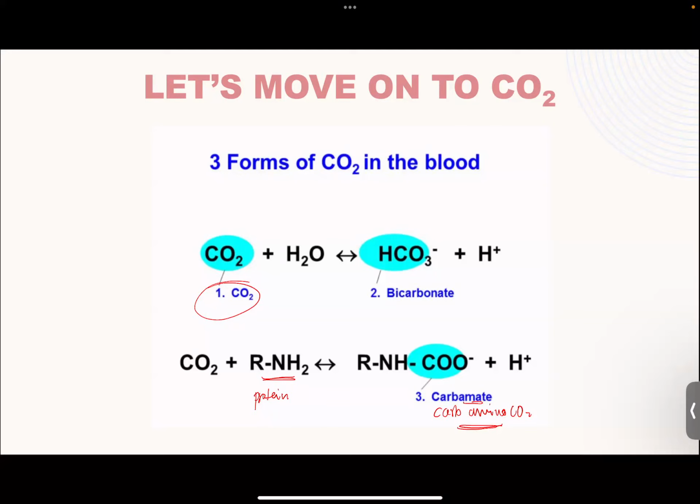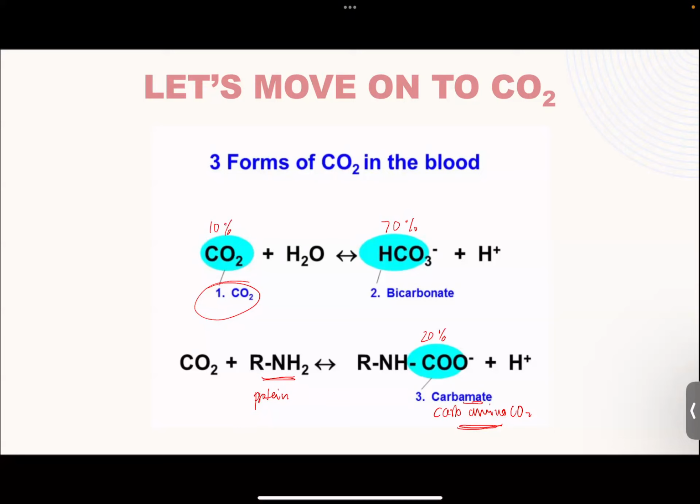Now, the one that we have a lot of in our body is bicarbonate. 70% of carbon dioxide in our body is in the form of bicarbonate, and then we have 20% in the form of carbamate and only 10% in the physically dissolved form.